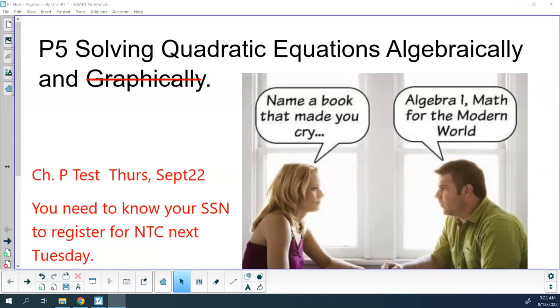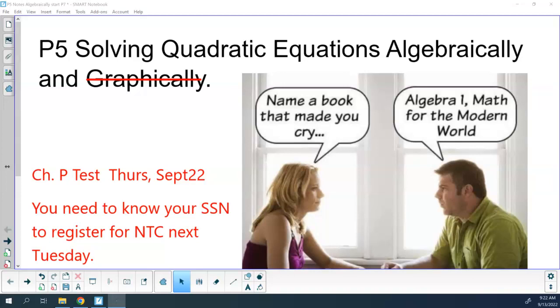We do need to let you know that you're going to need to know your Social Security number for next week Tuesday if you haven't already registered for a dual credit class at NTC. So if you haven't taken a dual credit class yet, you need your Social Security number.